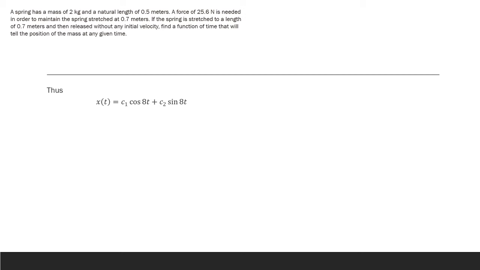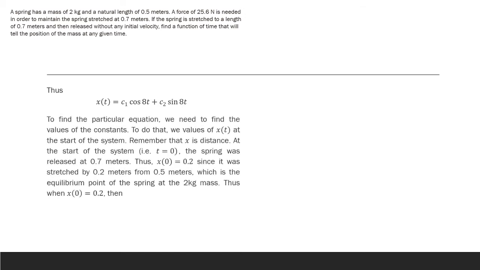Now, we have to plug in our initial conditions para makuha natin yung particular solution. Now, ano yung mga condition dito? So, that is class, ito. If the spring daw is stretched to a length of 0.7 meters and then released without initial velocity, so that means class at time is equal to 0, meaning yung magsa-start pa lang yung system mo, in-stretch siya to 0.7 meters.